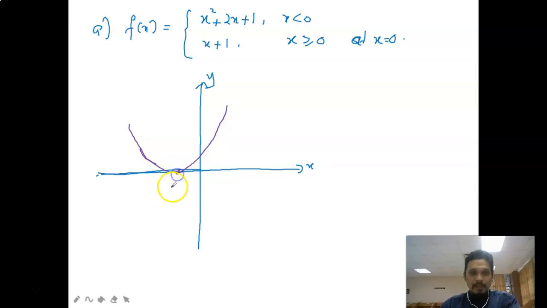The graph touches at the point x equal to negative 1 here, right? Okay, now this is the graph of x squared plus 2x plus 1.